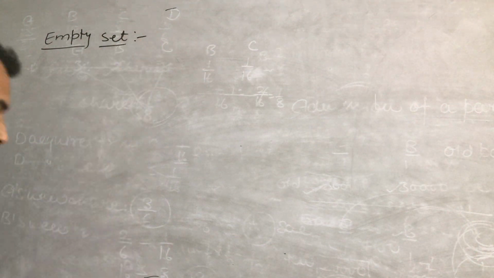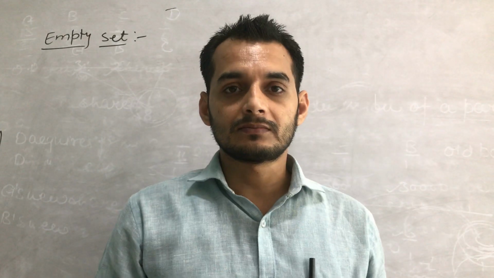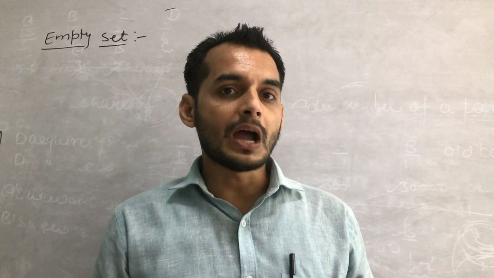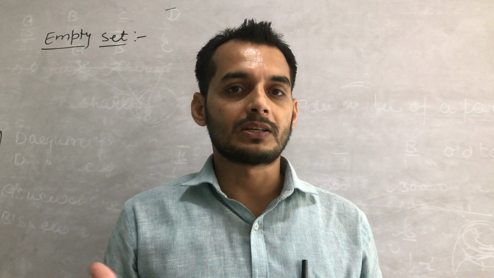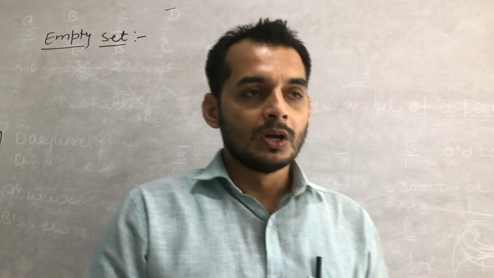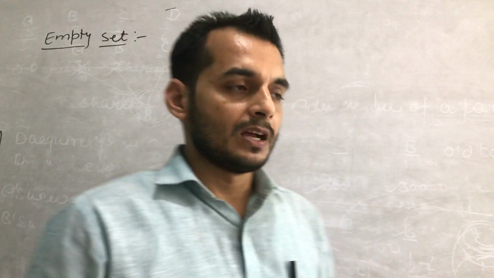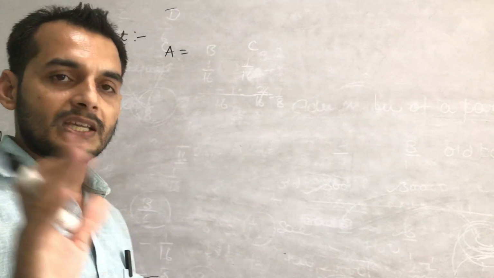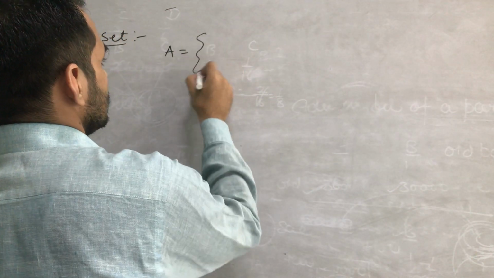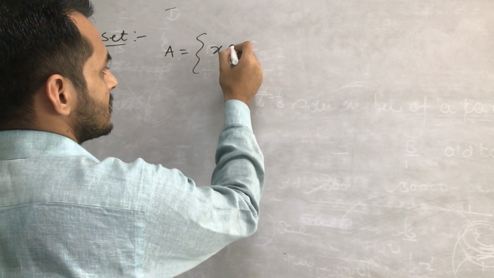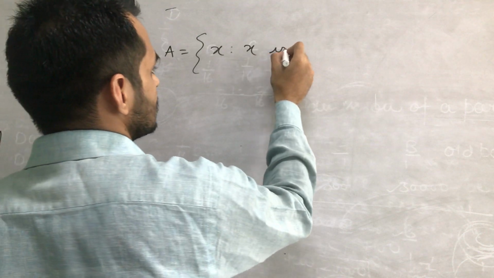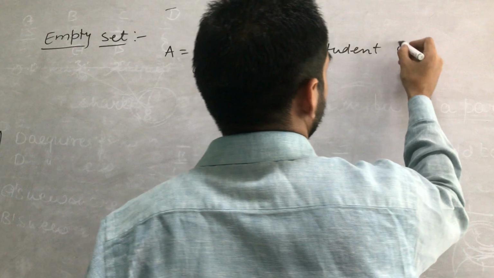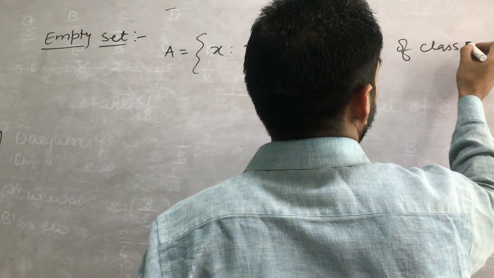Now, as the name says, empty set, the set is empty. It means there is no element in the set. Okay, let's take an example. Suppose I take set A, the set of all x such that x is a student of class 11.